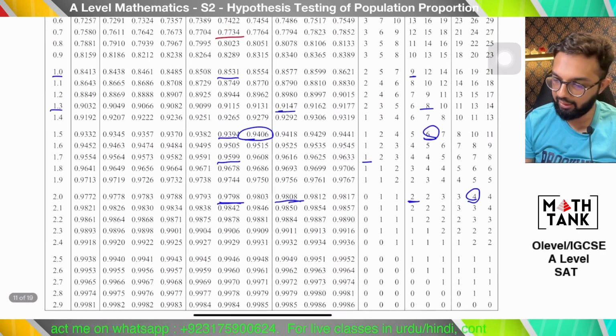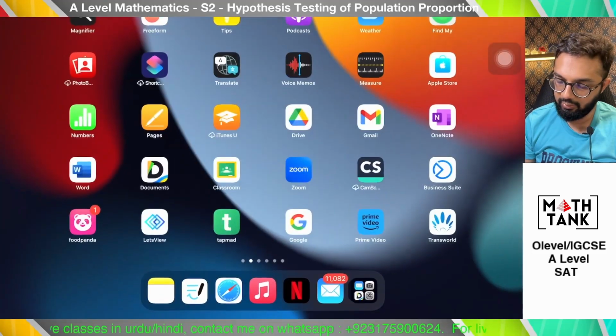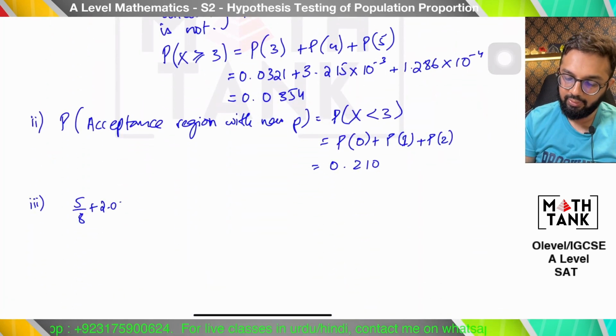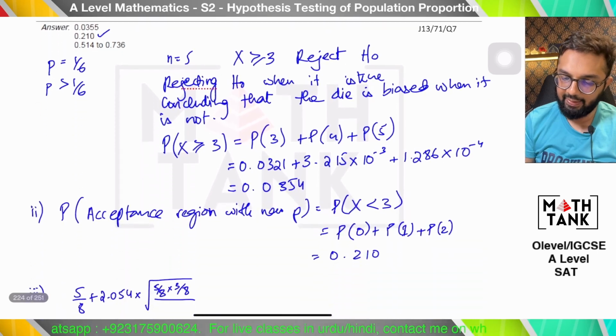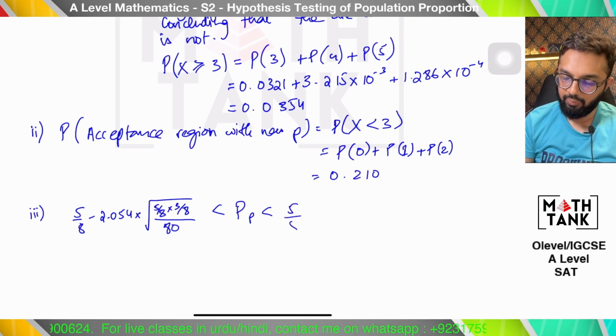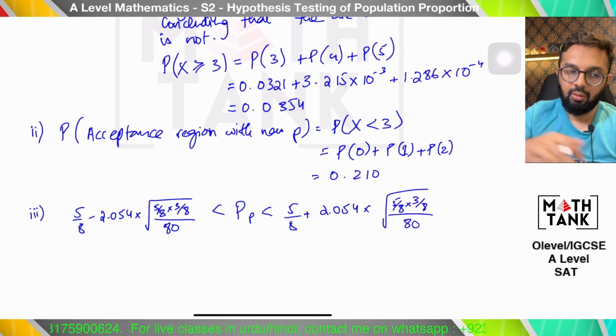So I'm getting 2.054. 2.054 into root pq, 5 over 8 into 3 over 8 over n. n is 80. This has to be a minus here. So the population proportion is 5 over 8 plus or minus 2.054 times that.